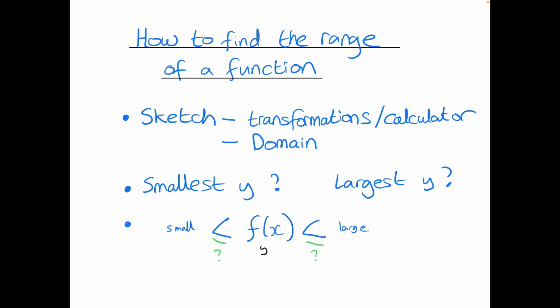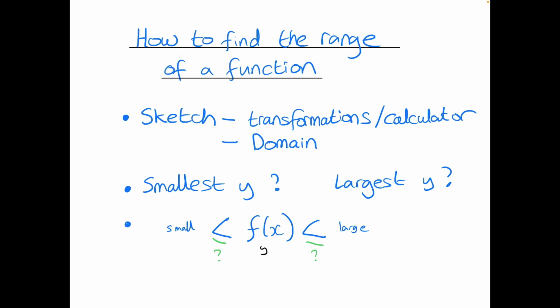Right, let's talk about how we can find the range of a function. Remember, the range is the set of y values possible. So we're going to do this in 3 steps. We're going to sketch the function using either graph transformations or using your calculator, and there'll be another video to go along with this one about how to do it on your calculator.